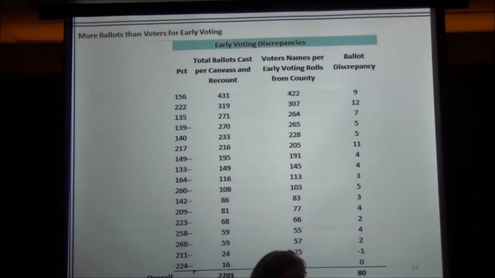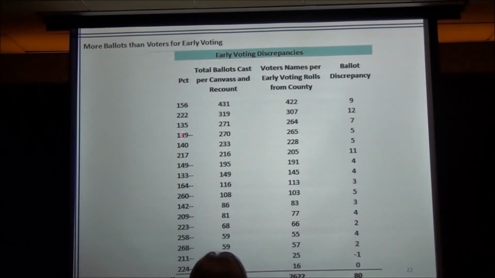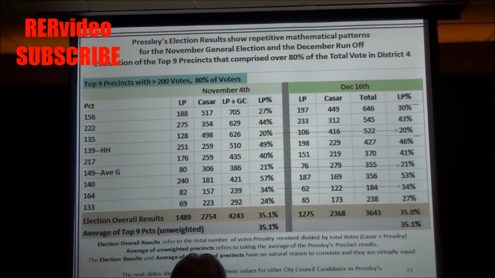So every 24 hours we got a list of the voters who voted early, and we balanced those with the number of ballots reported at the canvass. And hallelujah, we couldn't believe this. Almost every precinct was off. There were more ballots than names. That doesn't work. I know math. Yeah, that doesn't work. More ballots than names that voted.